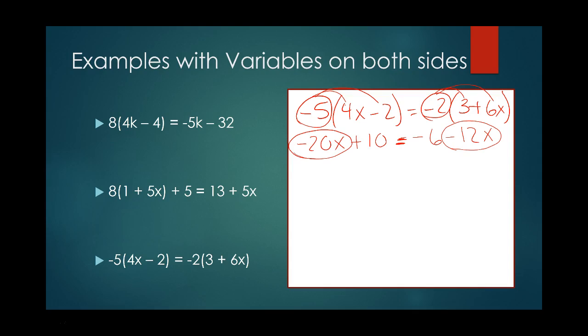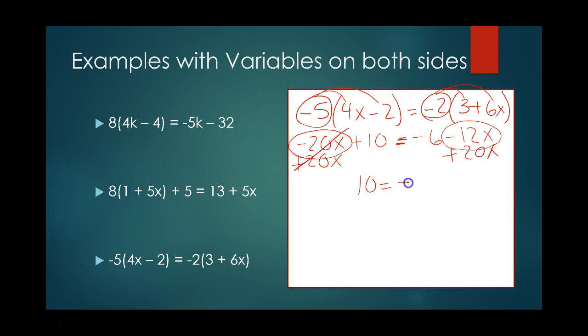So if we think about this, if I add 12x to bring it over here, I'm still going to end up with negative money, because if I owe you $20 and I only have 12 to give you, I'm still negative. But if I add 20x to both sides, that's going to cancel it on the left.